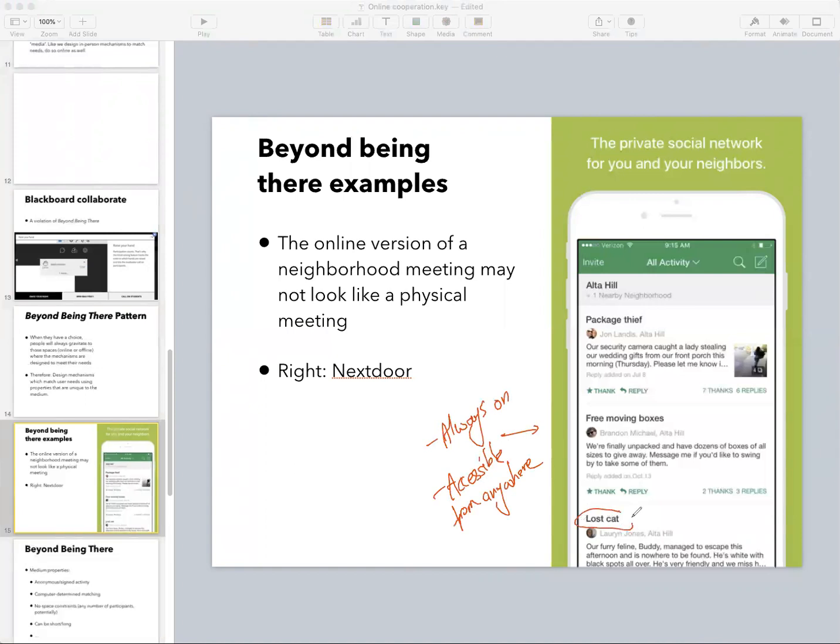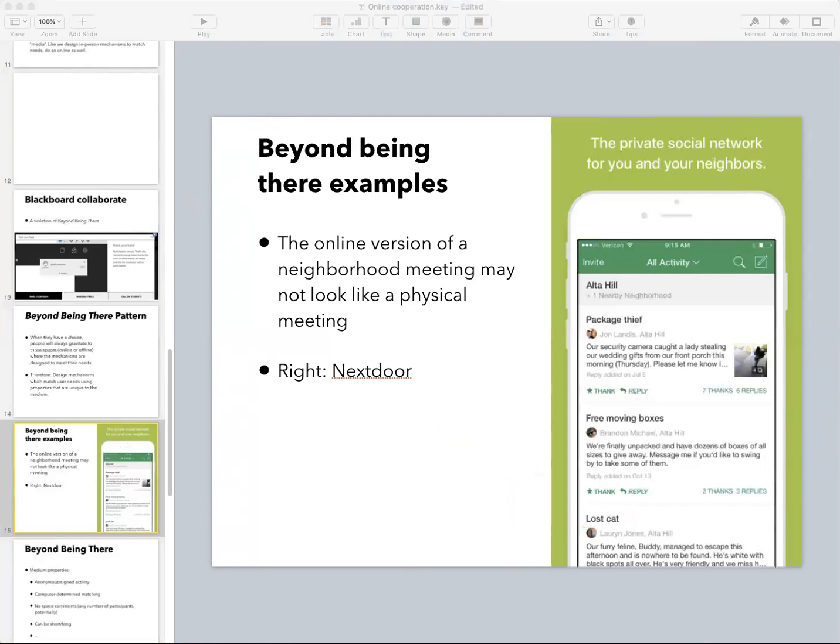For example, look at this news where they're talking about this poor lost cat. If you wait until next month's neighborhood meeting, your furry friend Buddy may not be able to find their way home until then. So you can see how you can use these ideas of beyond being there, not just for learning, not just for cooperative learning, but for entirely different applications.